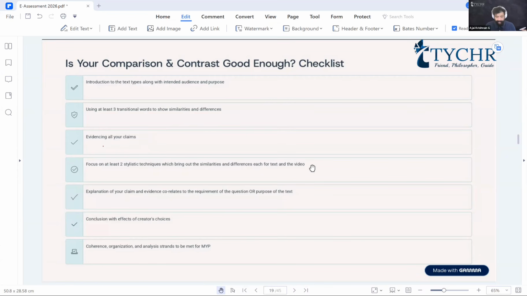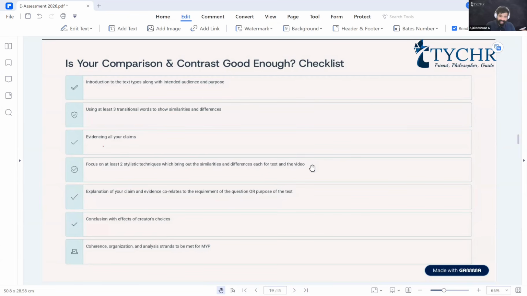Here again, most of you tend to stop with explaining one technique, but we suggest you go for 2 techniques, because even if your analysis is not that strong with one technique, the other one is good, and your examiner will give you marks. So it's always good to talk about at least 2 techniques for both texts in your comparative or contrasting paragraphs.